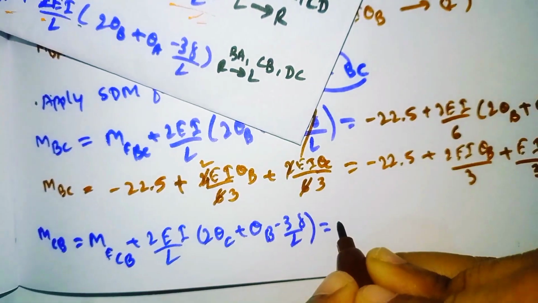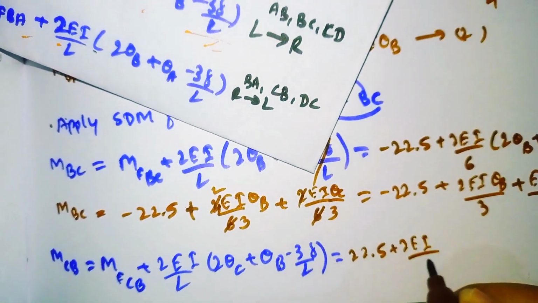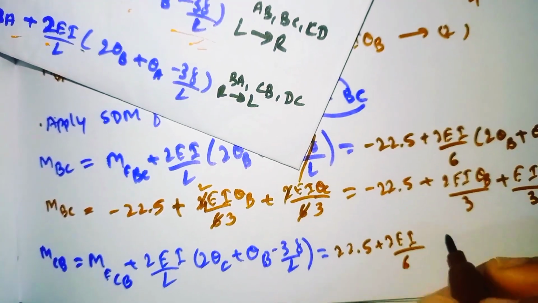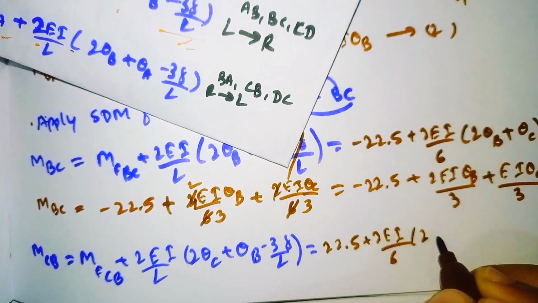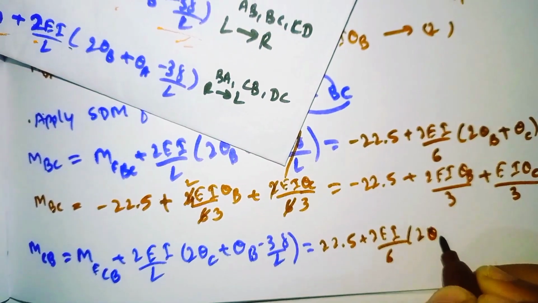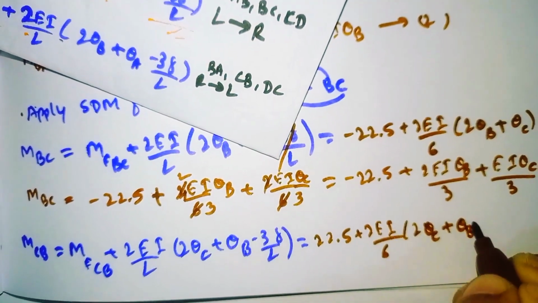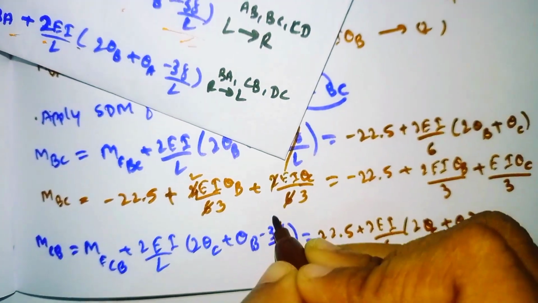So substitute that value: 22.5 plus 2EI, L value is 6, into 2 theta C. C is the roller, it has some value, plus theta B, B is hinged, it has also some value. Delta becomes 0.